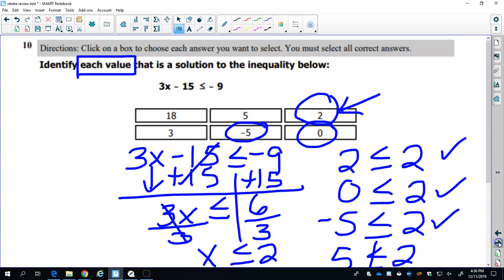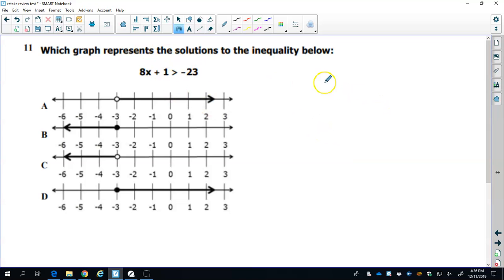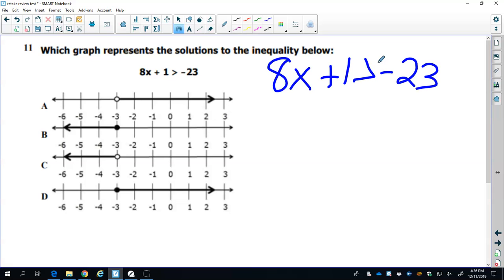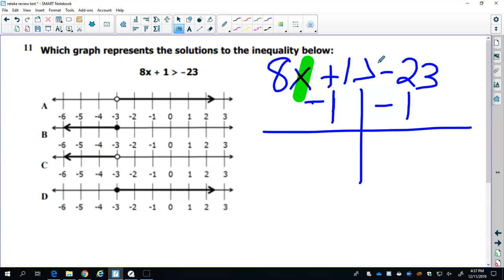Next problem, number 11. Now we're looking at the graph of a solution. So I'm going to solve my inequality first. Put my line down. I'm trying to isolate my variable. So I'm going to subtract 1 from both sides.